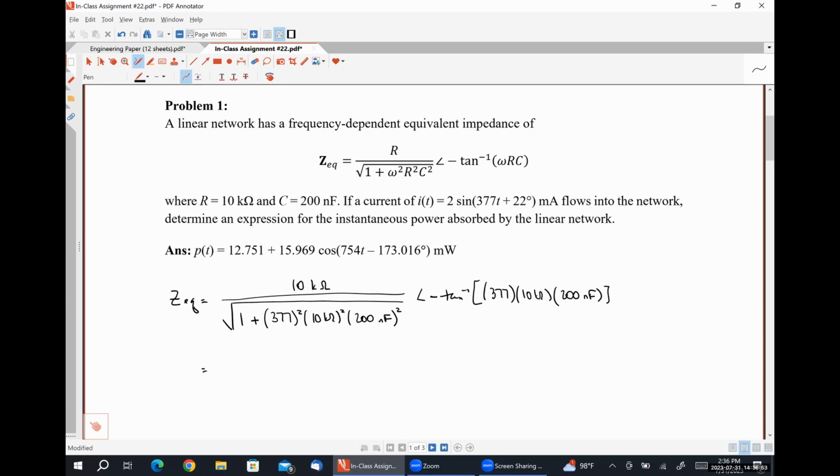Calculator ran out of memory. Let's try this again. I think I had too many parentheses.